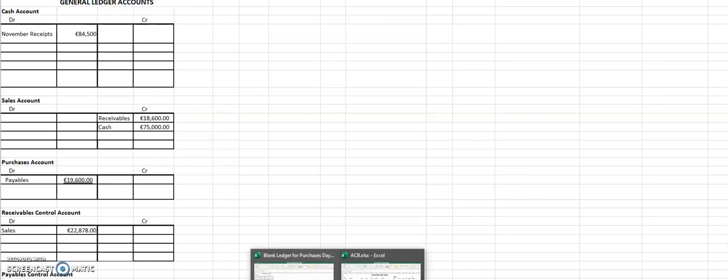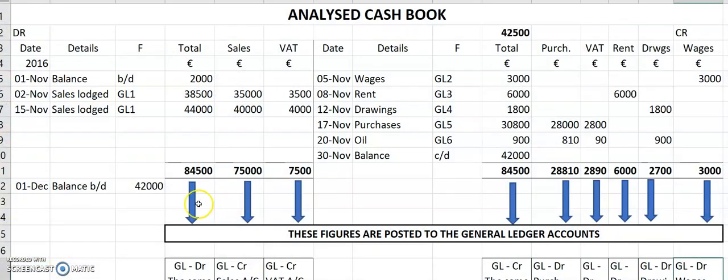So the first one was the sales account. So because it's the debit side, it must be credit side. So I'm going to put here cash 75,000. Let's check that out. So this is debit, so this must be credit.